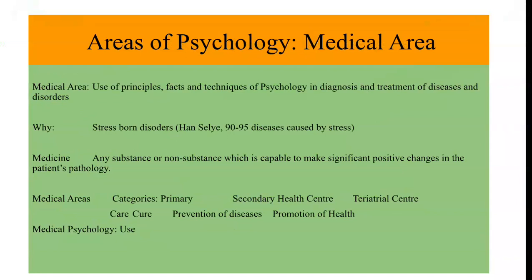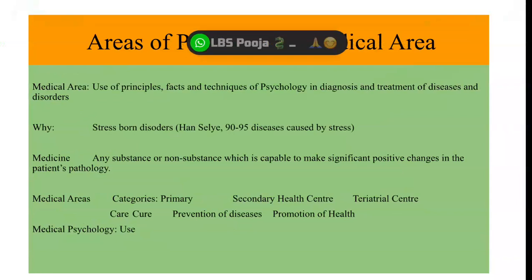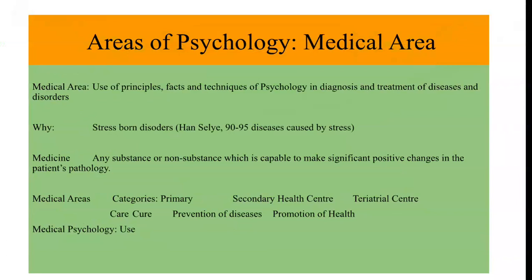And then come the geriatric centers, which are institutions related to a specific disease or a group of diseases. So in the medical area, psychology along with medicine is used not only for care but also cure of some diseases, and also prevention of certain diseases which are likely to be there for a lifetime.